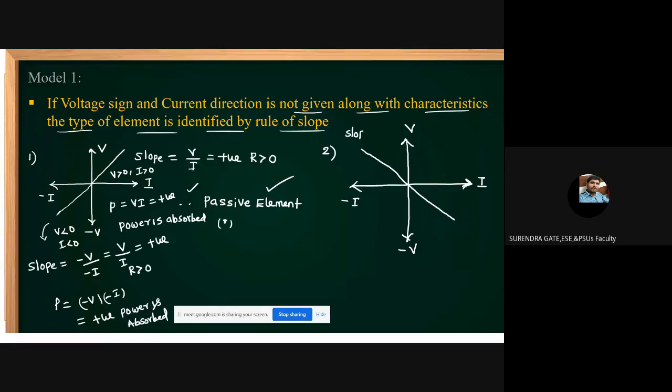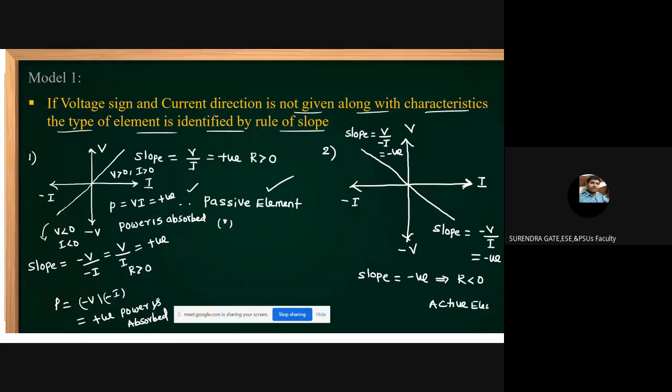The slope is negative, V by minus I. This side, what is the slope? Negative, minus V by I. Slope is negative means active element, that is R less than 0. It is an active element.